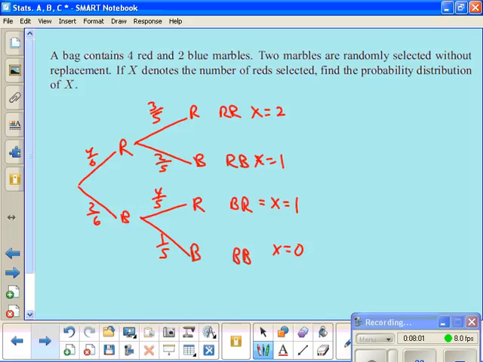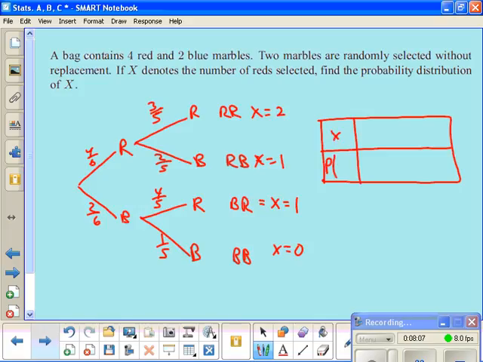To do the probability distribution, we can simply look at a table. Probability X is the X value here. So let's see, 0, 1, 2. Of getting these, I would simply have to multiply.